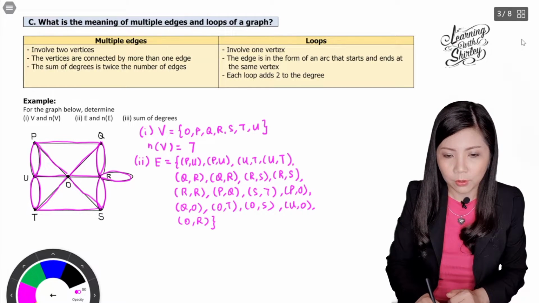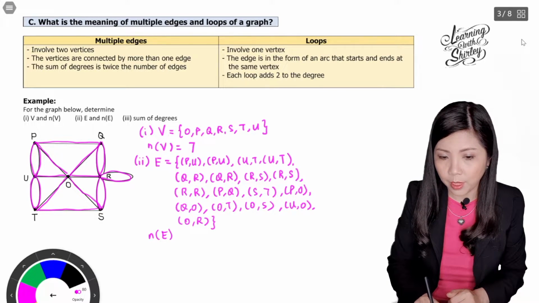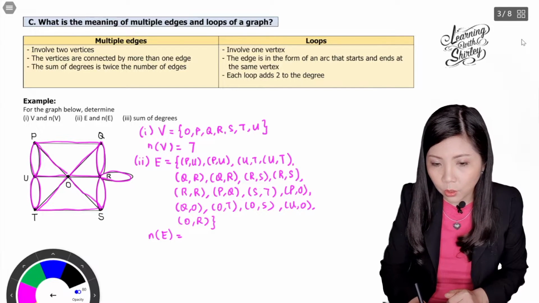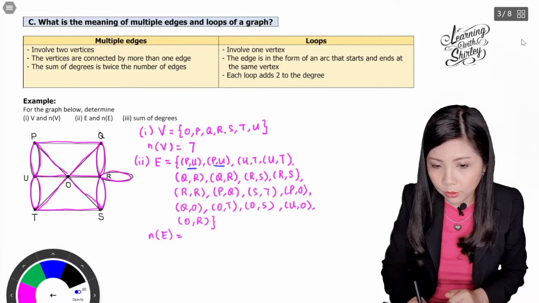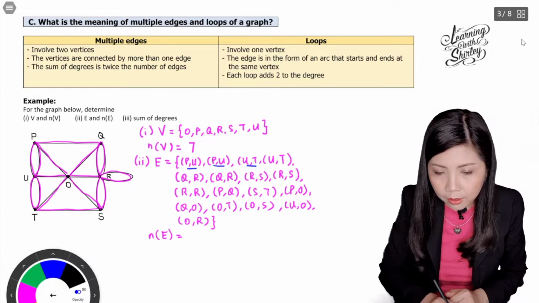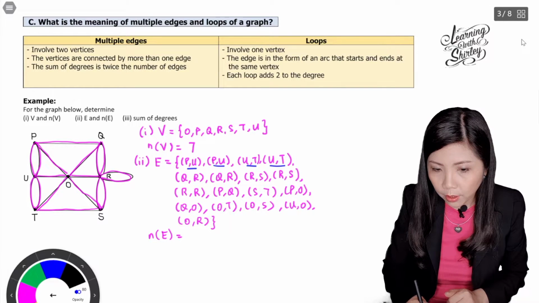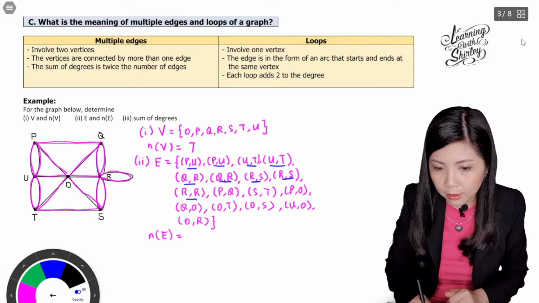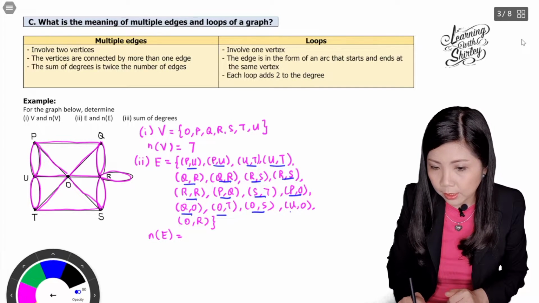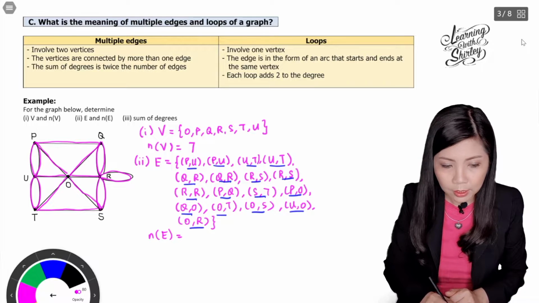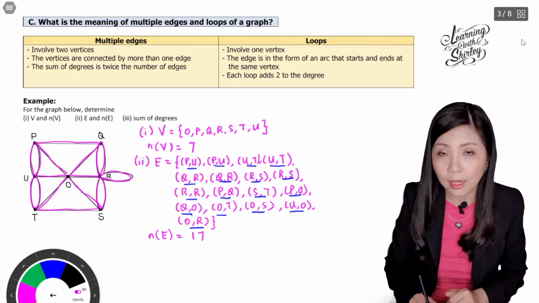Okay, so therefore the number of edges will be, let's count together. We have 1, 2, 3, okay, so I have to put in bracket, 4, 5, 6, 7, 8, 9, 10, 11, 12, 13, 14, 15, 16, and 17. So therefore the answer is 17.